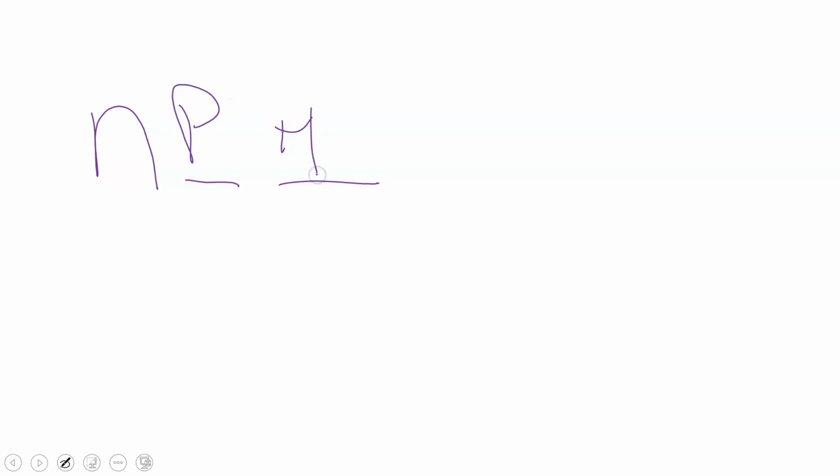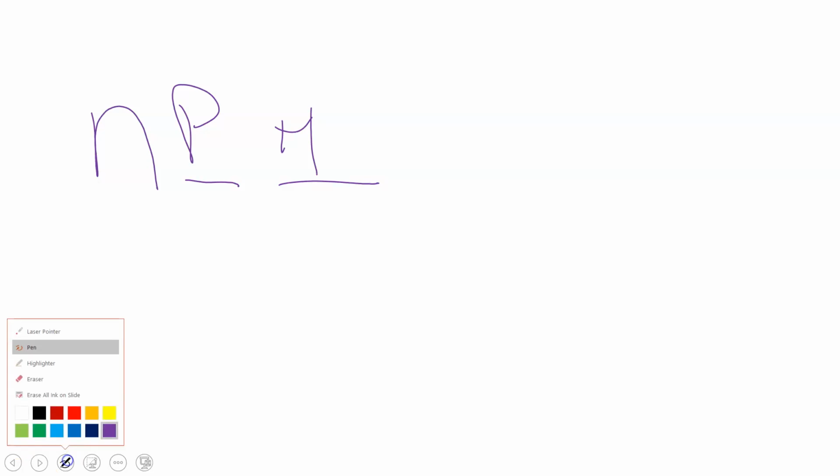NPH. It's insulin isophane, NPH insulin. All right, so we've got U100, the min-max, and I like to rewrite this on my paper. So my min is 10, my max is 40. My on-hand is 8.